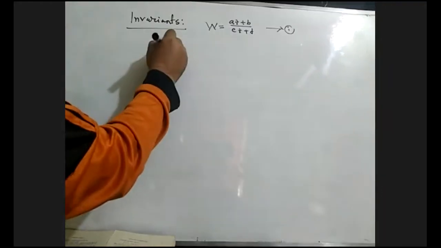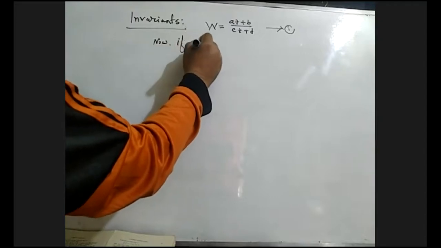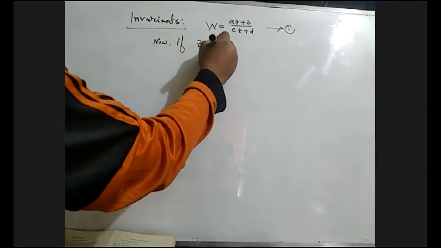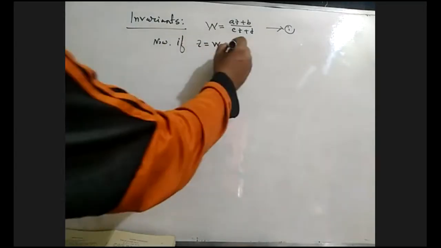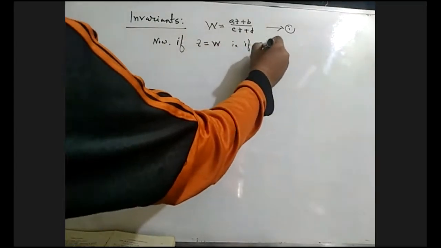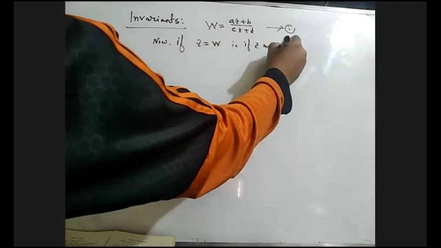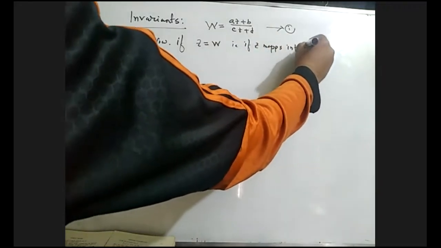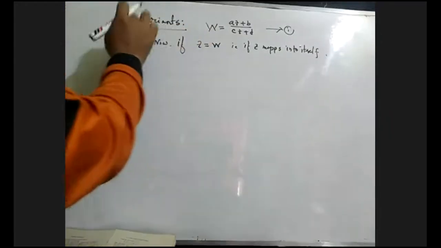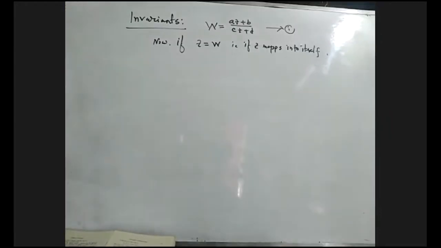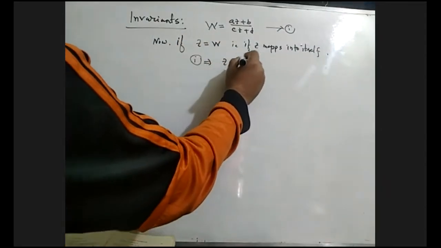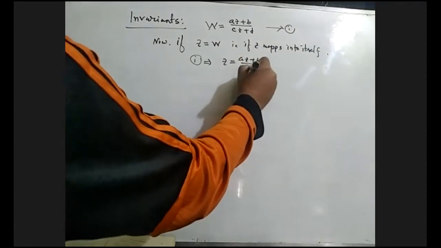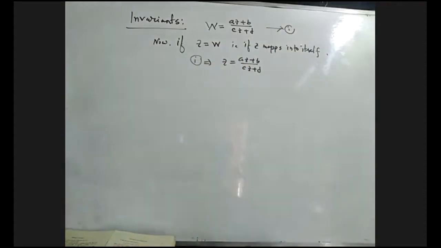Now if z maps into itself, that is z equals w, then we get invariants. Then equation 1 becomes z equals az plus b divided by cz plus d. This is called invariance.